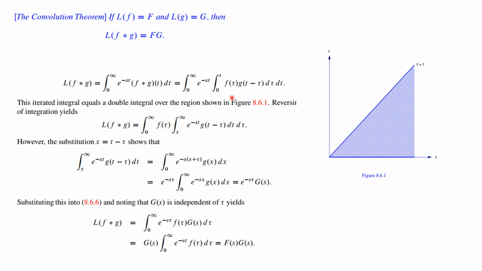And so when we do that with respect to t first, you see the t is now the first integral that we do, and we're going to use this schematic to help us figure out the limits. But we get that the Laplace transform of f star g is equal to the integral from 0 to infinity of f of tau, and then this is the integral from tau to infinity of e to the minus st g of t minus tau.